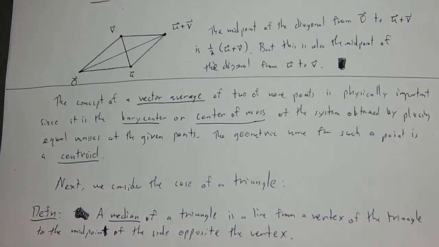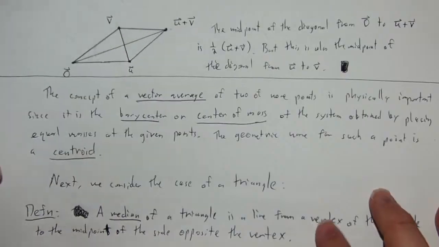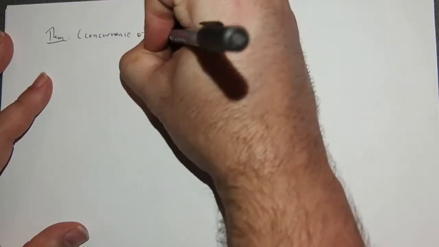All right, and so I needed to define that so that I could state the following fact that I want to prove, which is a theorem on the concurrence of medians. What this says is that the medians of a triangle pass through the same point, and that point is the centroid of the triangle.